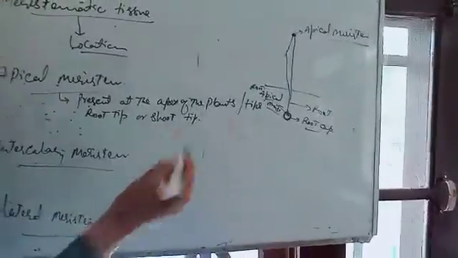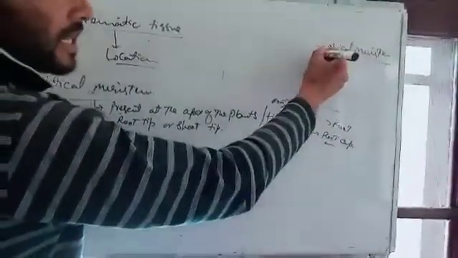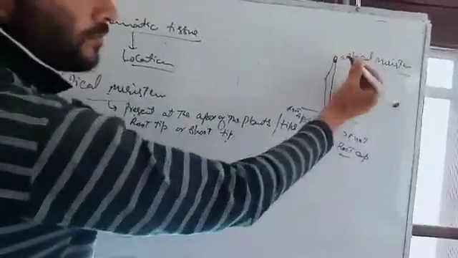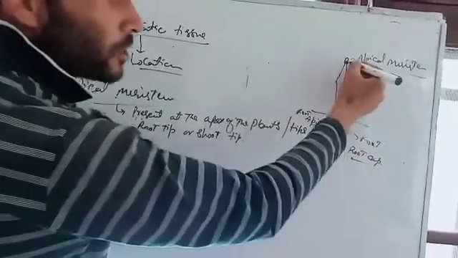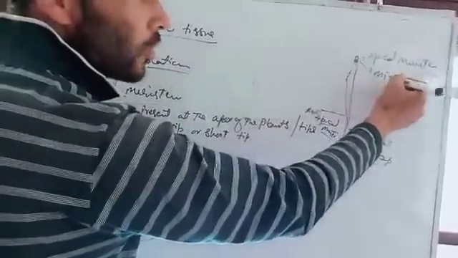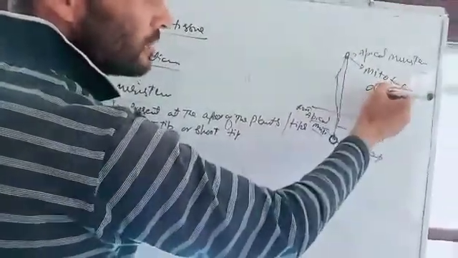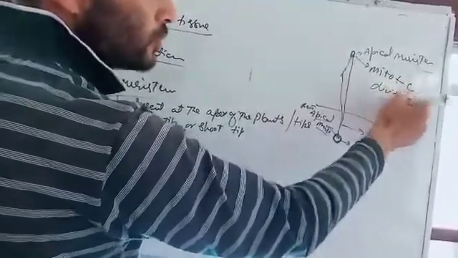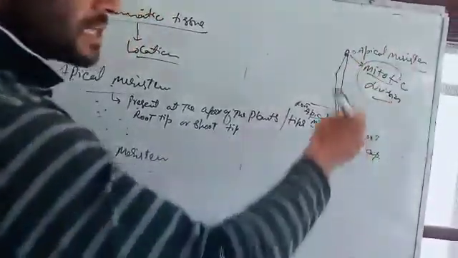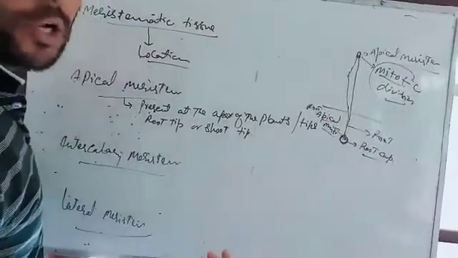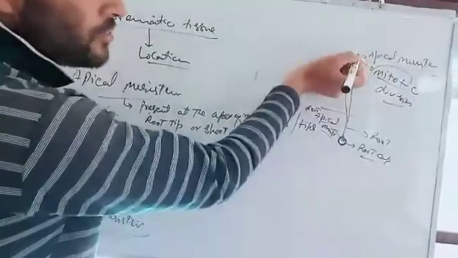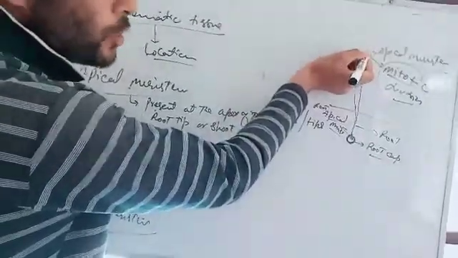These apical meristems divide. For example, this is the cell. If this is the first cell, it divides mitotically. I already discussed with you in the last lesson the mitotic division and the meiotic division. Mitotic division means this cell divides into two.